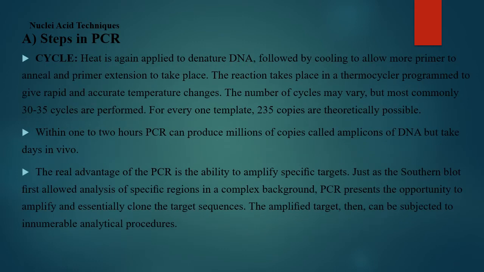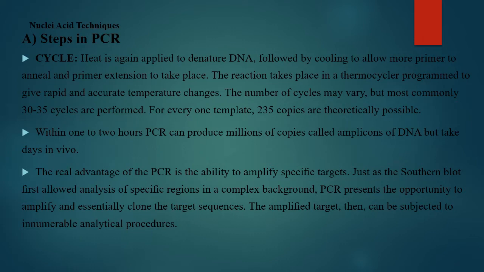Now we come to the cycle. When we talk about the cycle, we are talking about the heating conditions available for this whole process to take place. Like I said, the major step during the whole process of the PCR is the heating cycle.